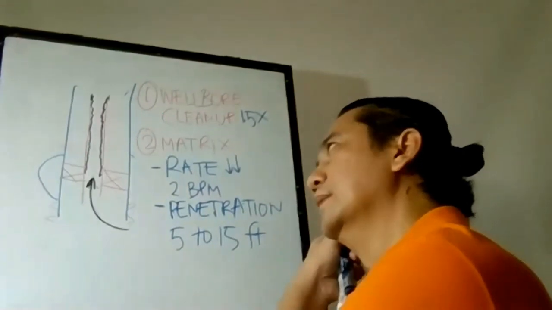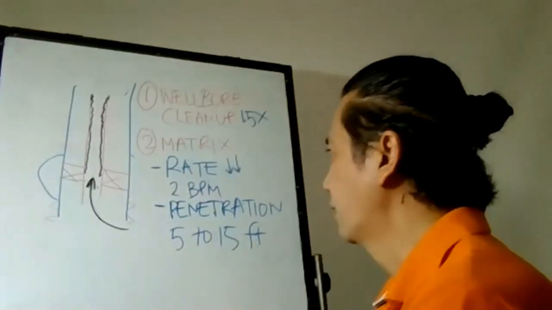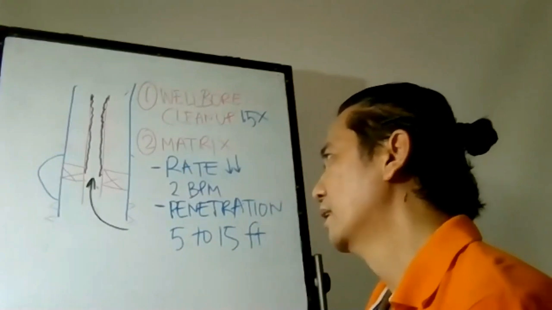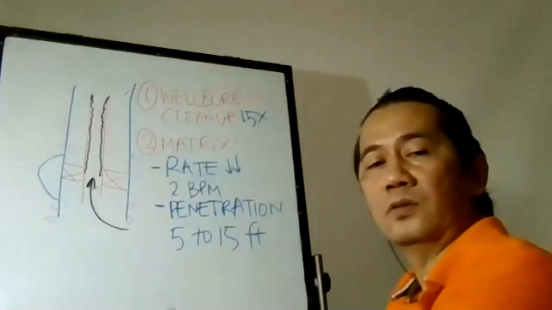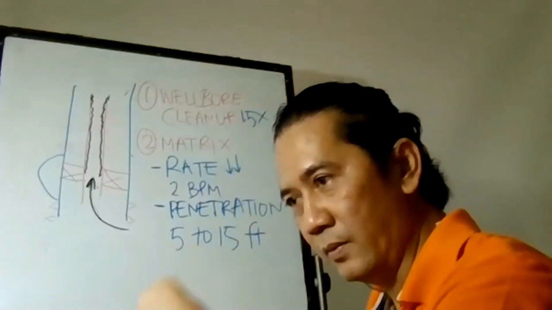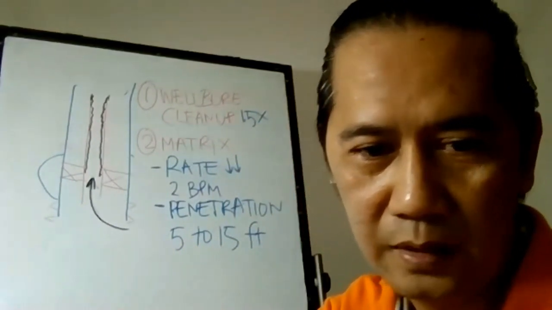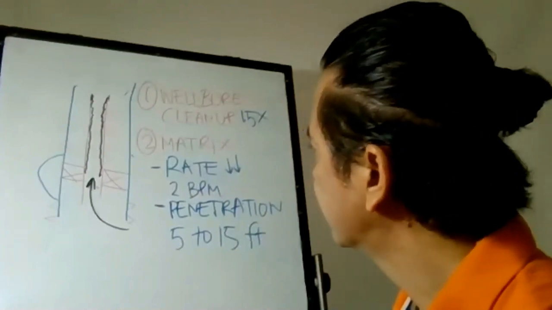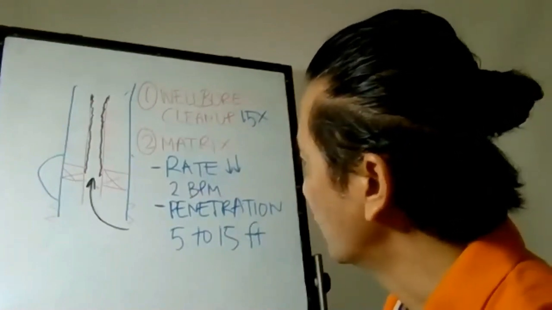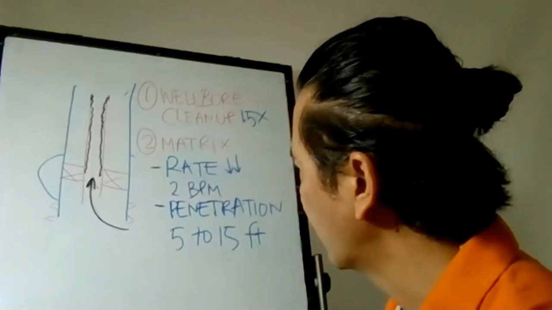All right. So that's when you have a matrix treatment, okay? And matrix treatment is usually for high permeability reservoir, okay? High perm, you don't need to improve your conductivity, then you run the matrix treatment.